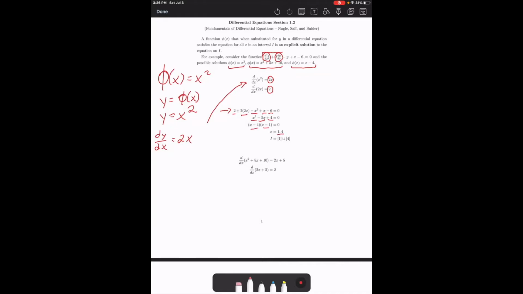The problem is our definition said it's only a solution if it solves for all x in an interval I. It wouldn't really be fair to call this an interval, it's just 2 points. So we would say this is not a solution. Even though we found 2 points where it works, we need it to fit over some sort of interval. So this is no solution.